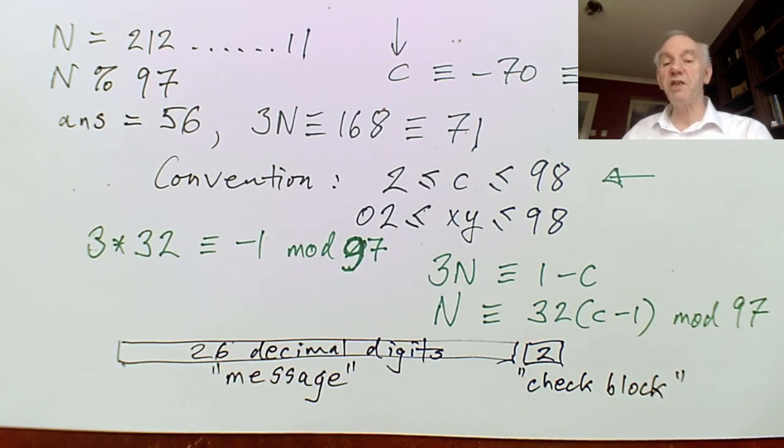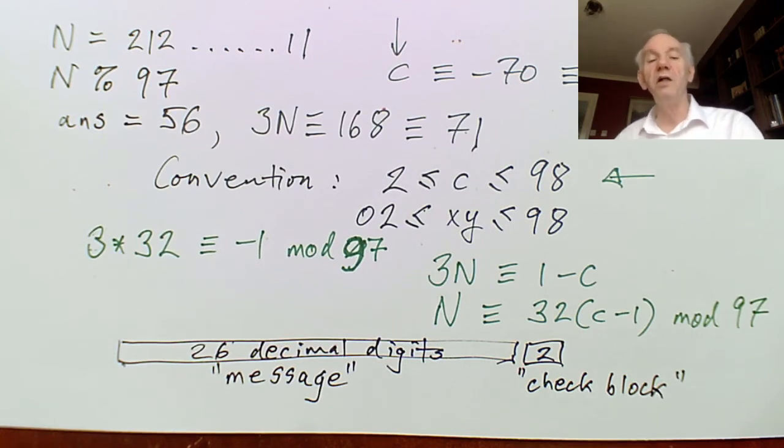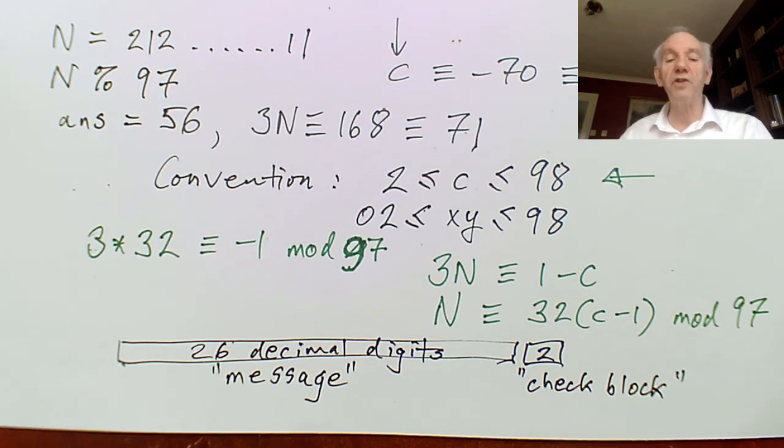And the idea is this, that the check block can be used to detect certain errors in the message. So the sort of errors that could occur when you're typing in these numbers is you might make a single digit error, or you might transpose 2 digits when you're typing quickly. So you might type 51 instead of 15.